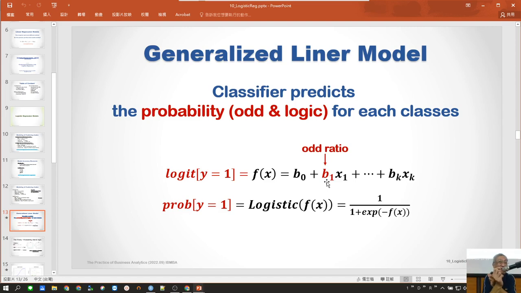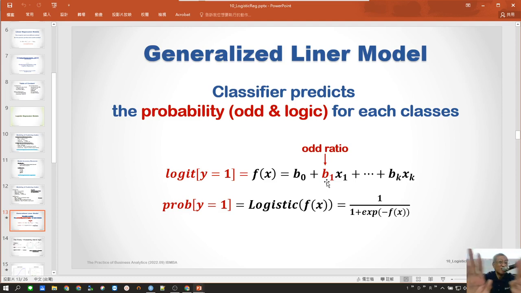Two things, before I end this class. Just remember these two things, right? The coefficient needs to go through exponent transformation, and it will be the multiplier of odds, it's the odds ratio, okay? And because they are odds ratios, their effects are not additive. Their effects are multiplied with each other, okay?